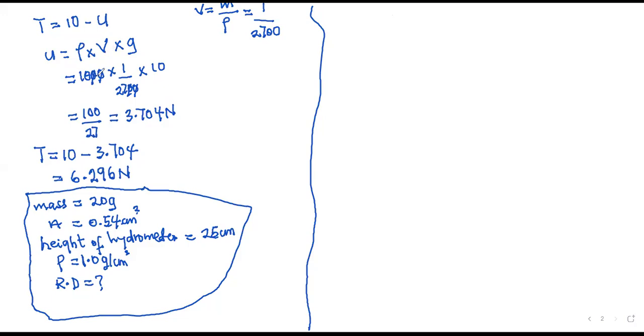Okay, so we are to determine the relative density of the liquid. Relative density, RD, can be expressed in different ways. One of it is the foundational equation, which is actually the density of the substance, here of the liquid, divided by the density of equal volume of water.